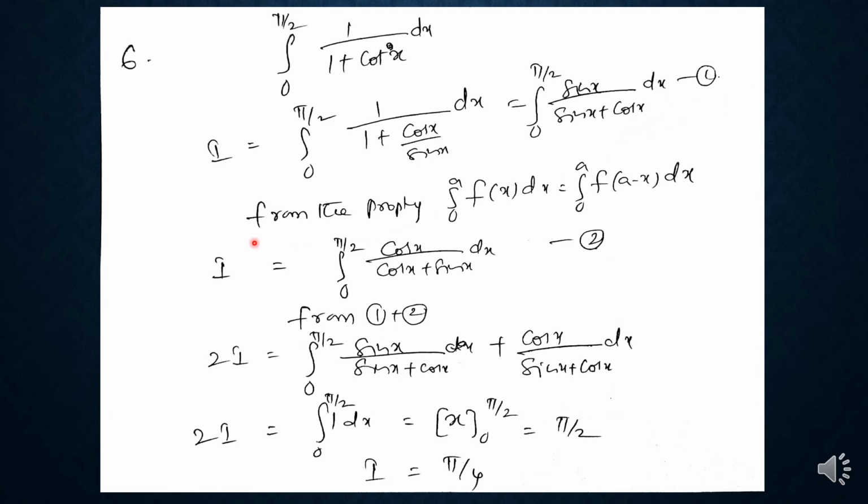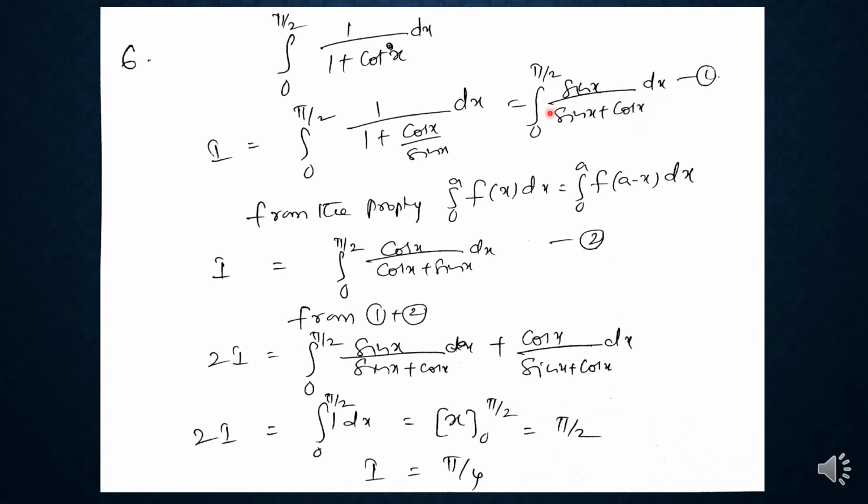So by using the same property, the fifth property, integral 0 to a f of x dx is equal to integral 0 to a f of a minus x dx. So here a is equal to pi by 2. So I is equal to integral 0 to pi by 2 sin x by sin x plus cos x dx.